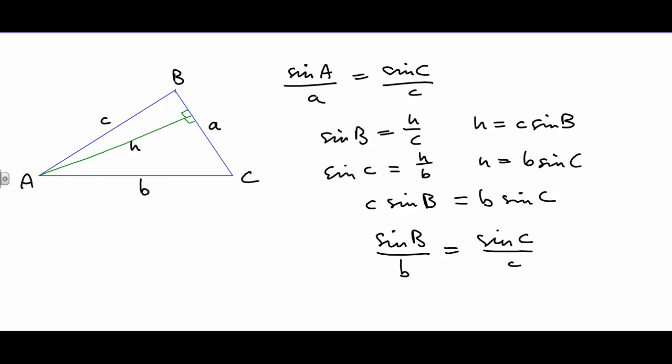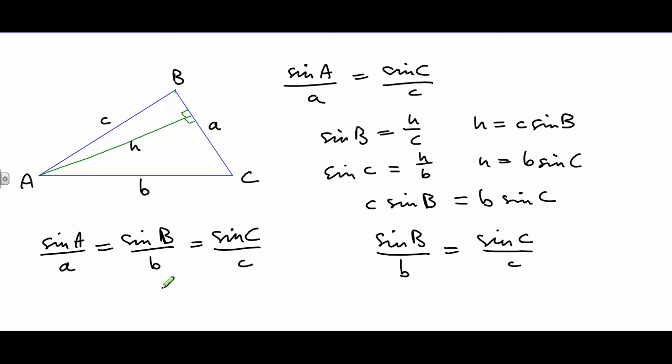And so sine A over a equals sine C over c, and sine B over b equals sine C over c, so all three must be equal, and we have sine A over a equals sine B over b equals sine C over c. So there are three equations there: sine A over a equals sine B over b.